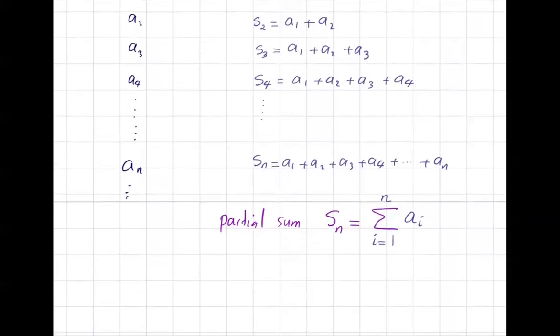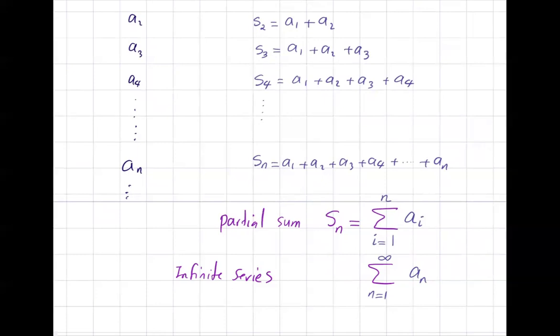An infinite series doesn't stop anywhere. S is equal to the summation of a sub n, starting from 1 and going to infinity. So for now, let us remove this S to avoid any confusion.